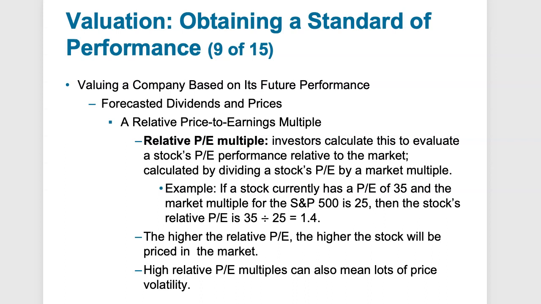Remember, the market multiple refers to the average PE ratio for the market. So we have an example here where a stock has a PE of 35 and the market multiple is 25. So that stock relative to the market would be 1.4. So the higher this relative PE, the higher the stock will be priced in the market.